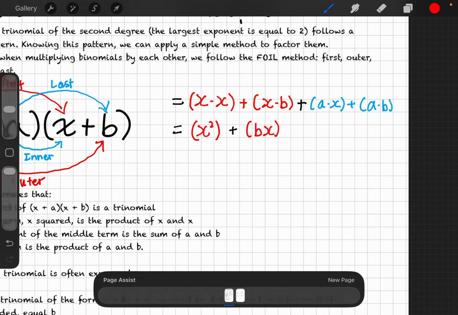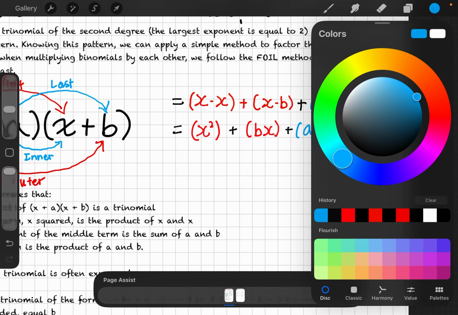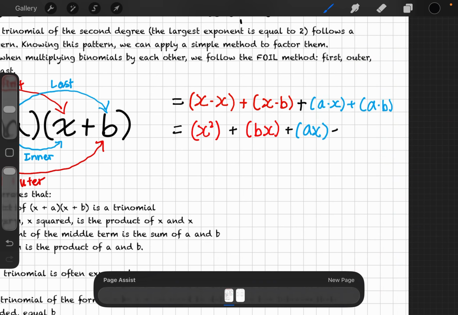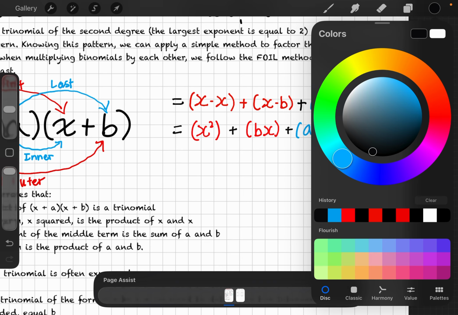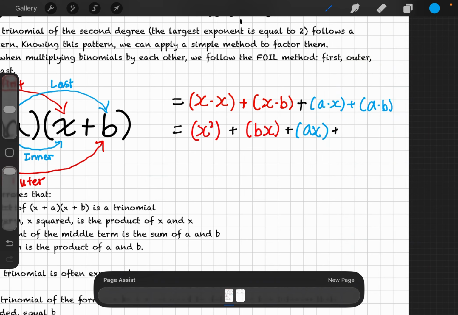And then here, plus a times x is ax, right? And then we have the ab. A times b is ab.